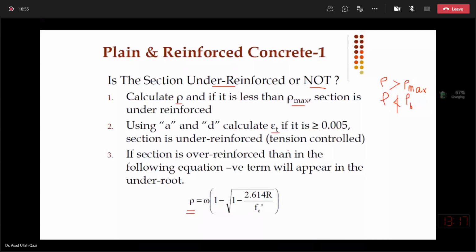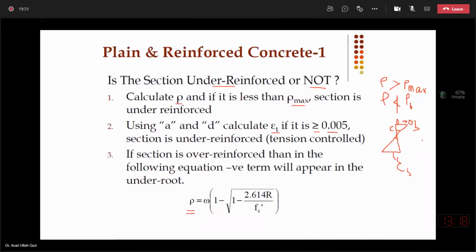And if this strain comes out to be equal to or greater than 0.005, this will be another information that the section is tension controlled, it is under reinforced. So both rho or the neutral axis depth helps us in getting the classification. And if you have c in hand, from similar triangles you can get epsilon s and then you can compare it with 0.005 to check what is the type of cross section.